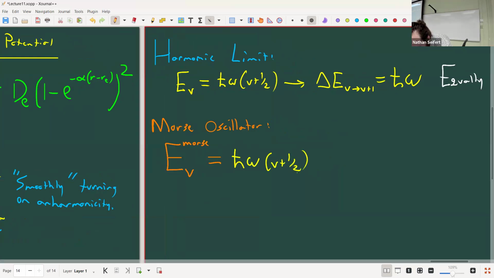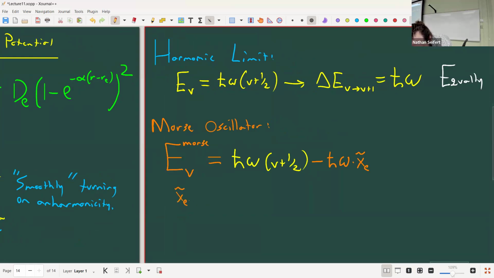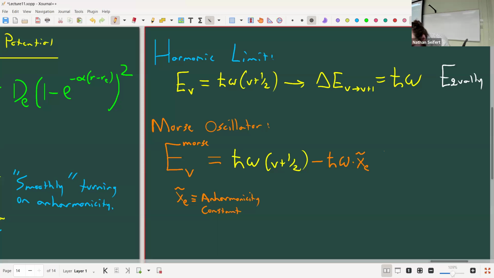It's the same as before, but it gets modified by a new term, h bar omega times this new number x sub e. x sub e is called the anharmonicity constant, and that's multiplied by v plus 1/2 squared. This is the first anharmonic term.